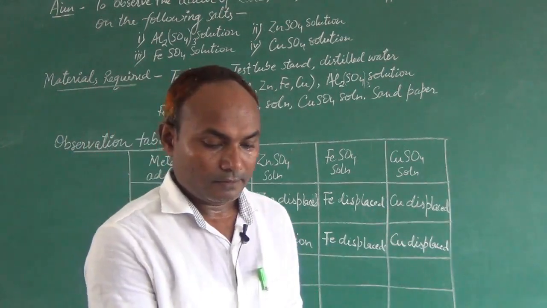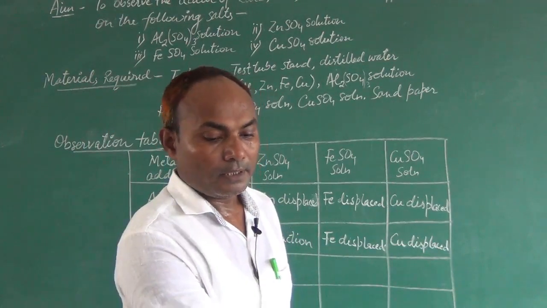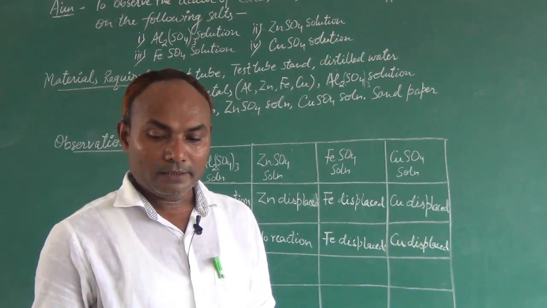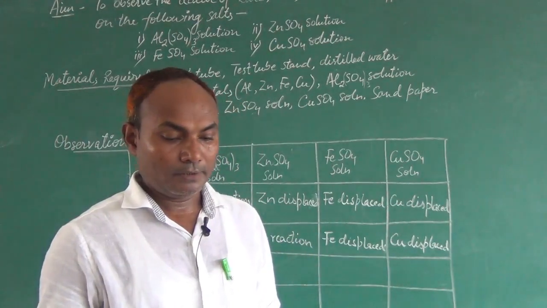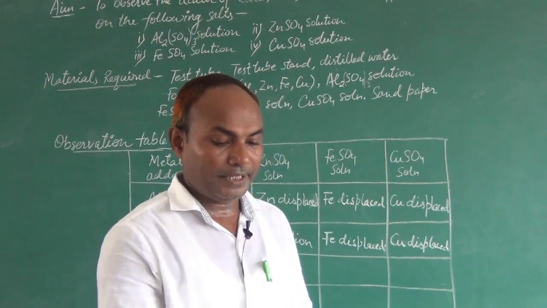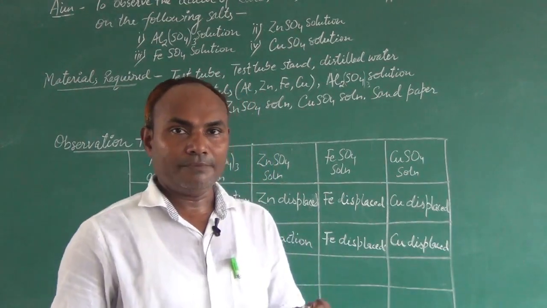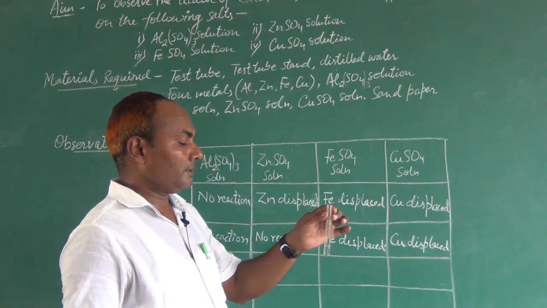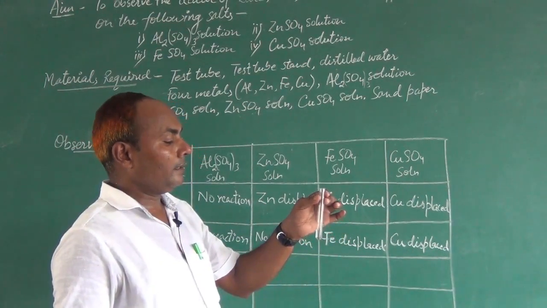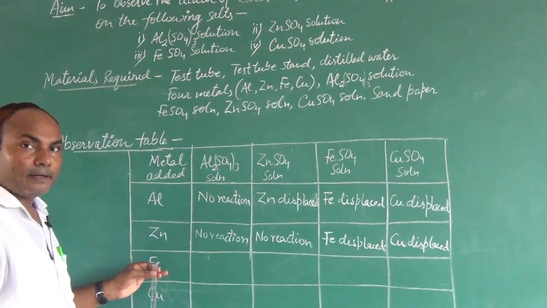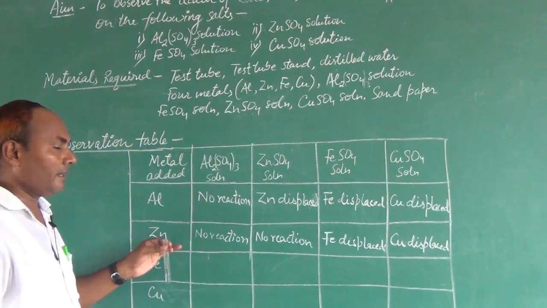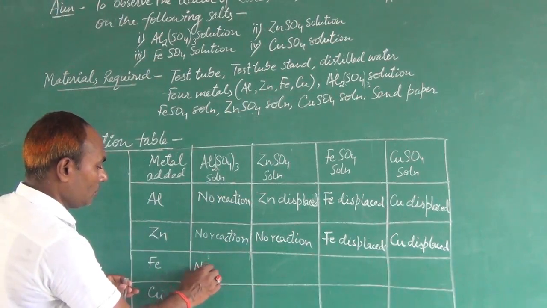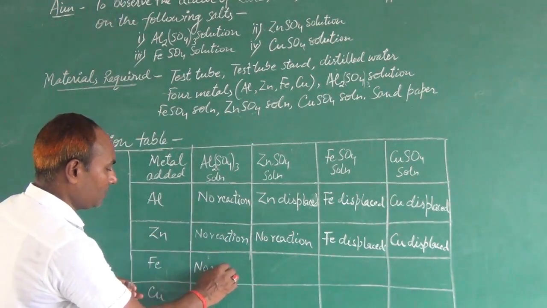Okay. Now students, further we have taken 4 test tubes and added these 4 salt solutions. In the first test tube we have taken aluminum sulfate solution, and when we add iron metal in this aluminum sulfate solution, no reaction takes place.